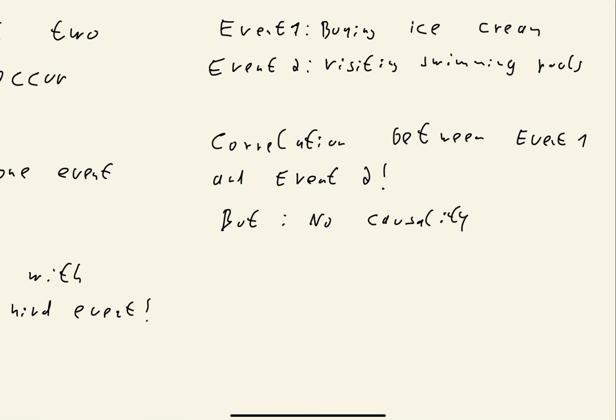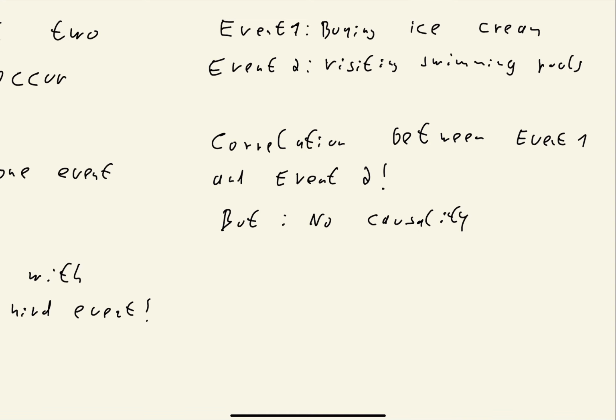So why is there no causality? Just because people visit swimming pools, it doesn't necessarily imply that they also buy ice cream. So the increase in visits to swimming pools does not have a causal effect on people buying a lot of ice cream.